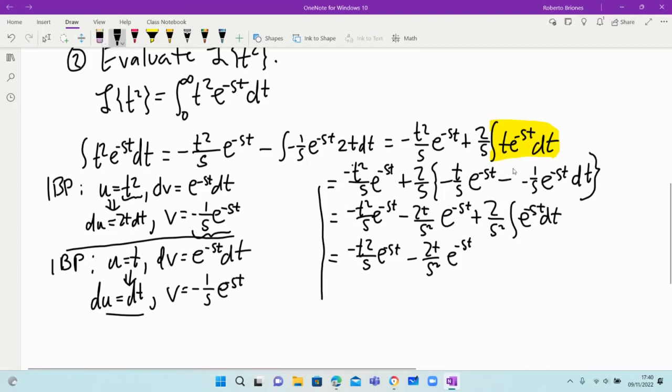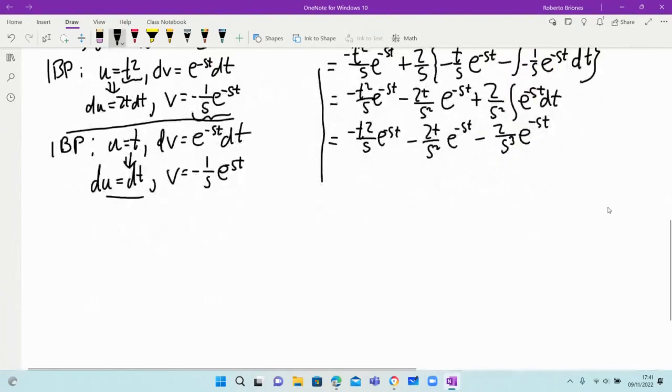Okay, so there must be an integral here. Because we have minus minus, we bring out the 1 over s, so that we get in the next line plus 2 over s squared. And this in turn is just negative 2 over s cubed times e to the negative st.